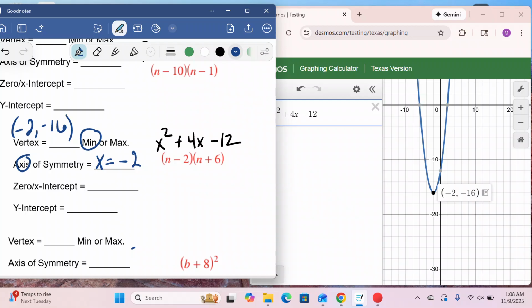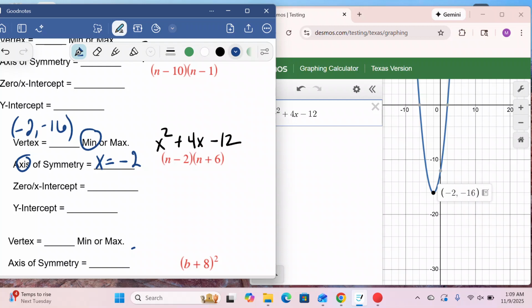That all changes if you have a U that goes sideways, and then that's not a function. That would be a U shape crossing the x-axis, so my axis of symmetry would not be x; it would be y. But for most of the problems, our axis of symmetry is x equals negative 2, which is the x value of the vertex.